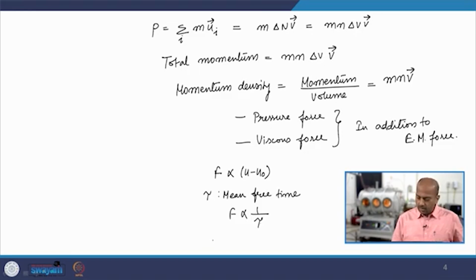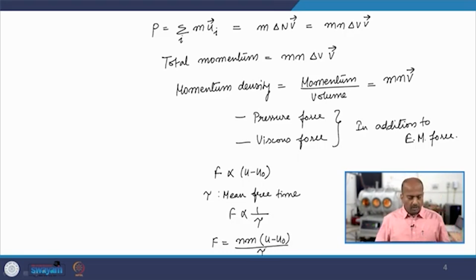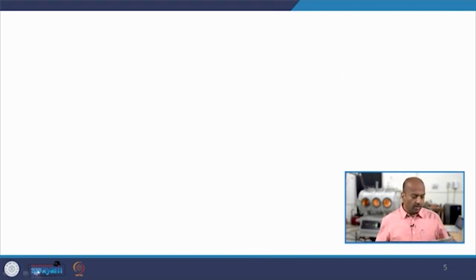So, in total we can write F is equals to Nm (u minus u naught) divided by tau. So, this rate of change of momentum is basically the force. Now, this can be added to the force equation that we had written earlier, right.